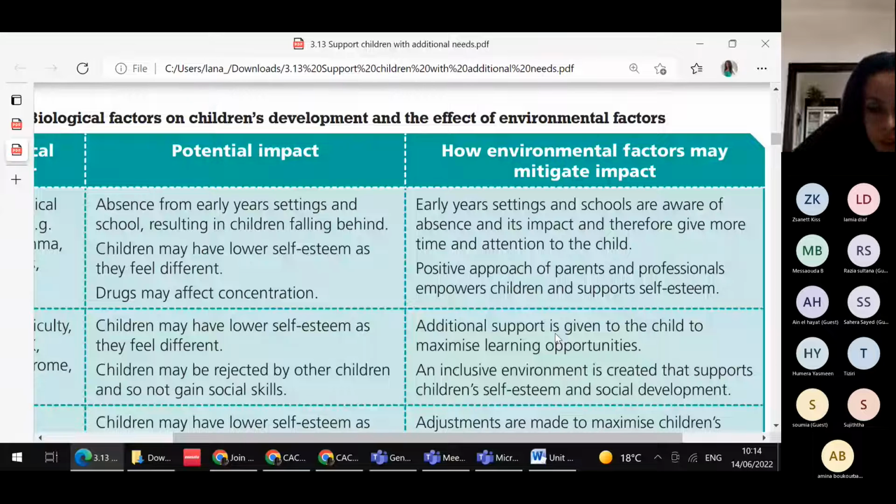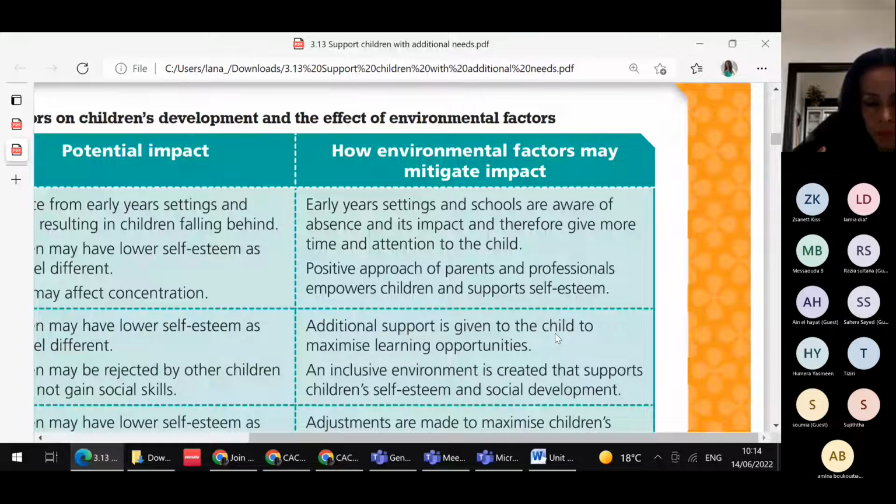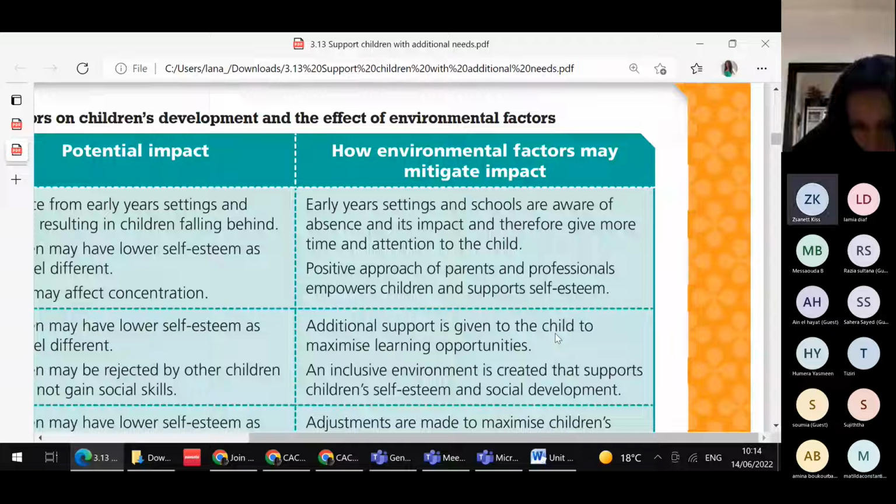How may environmental factors impact the child? In early settings, schools are all aware that the child could be absent sometimes. Why? Because if they have asthma or a chronic disease, they wouldn't be able to attend all the time.